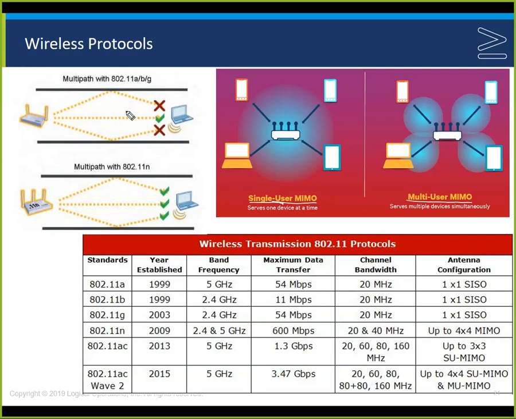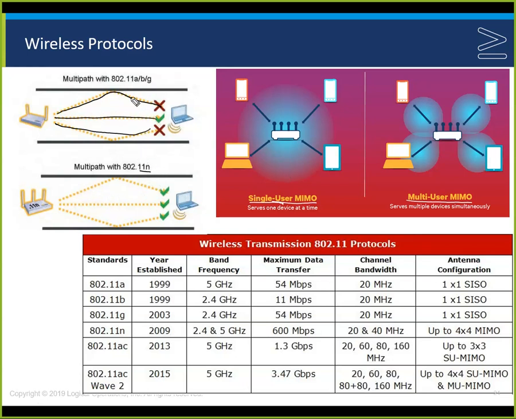And what we're talking about is multiple paths, and here we have multiple paths that we can go, but only one at a time. So this is going to be a single user SISO, single input, single output, one connection.